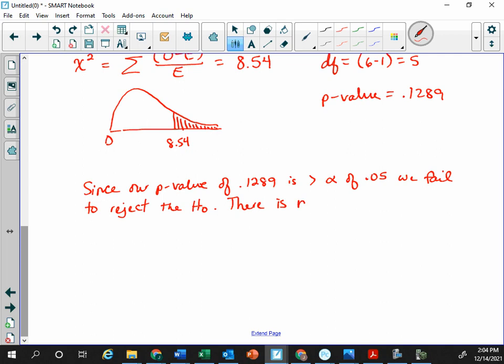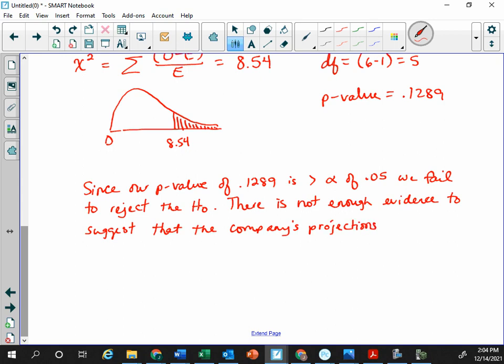There is not enough evidence to suggest that the company's projections are not correct.